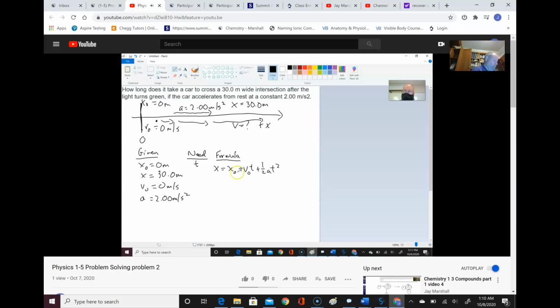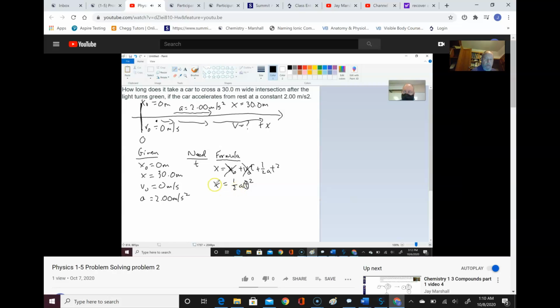Now, I know by inspecting that my initial position is 0 and my initial velocity is 0, so 0 times time is still just going to be 0. So both of those drop out, and that leaves me with x equals 1/2 at squared. Well, I want t, so I'm going to isolate that first, and then I'm going to solve.